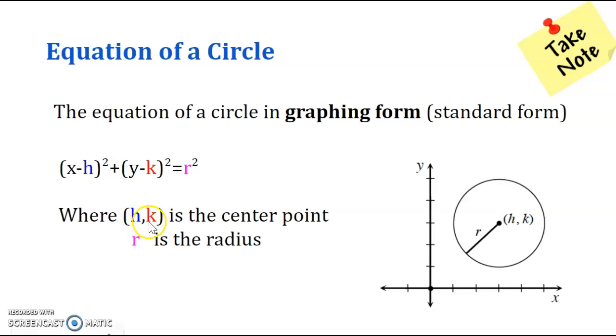So h comma k is the center position of the circle, and r is the radius, and it's going to be radius squared. So please, you need to be taking this down, and you should put a box around it so that it stands out.